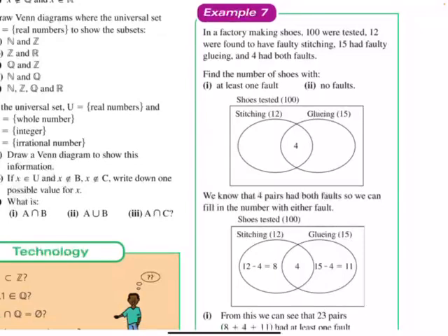So in order to look at this example, I will take a much easier example for you to understand.